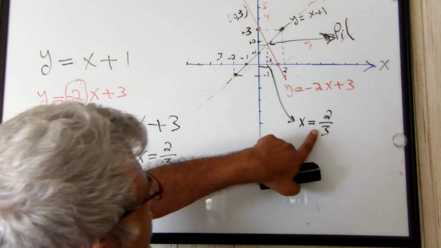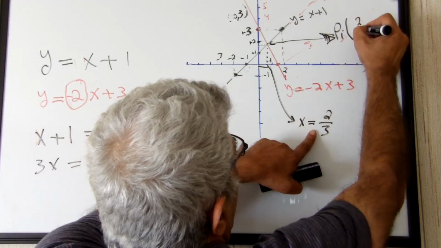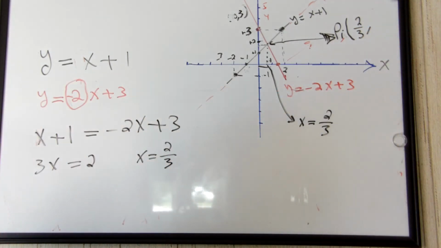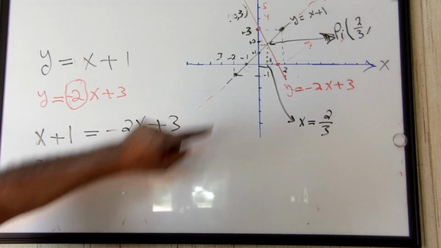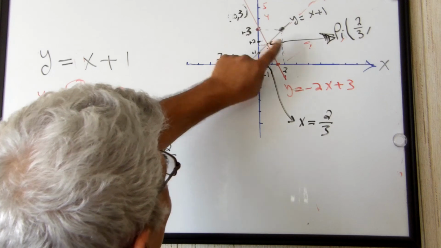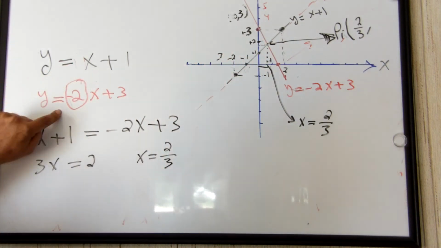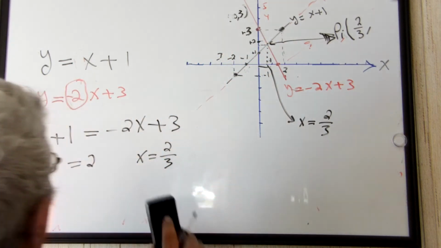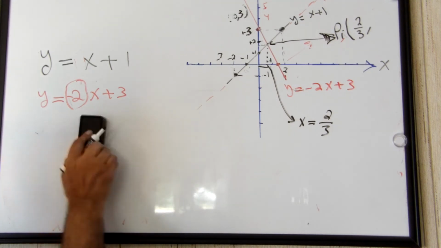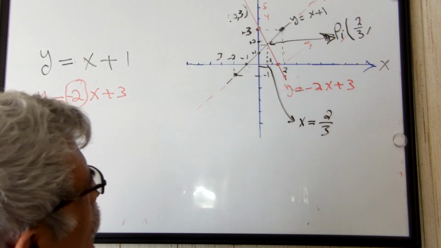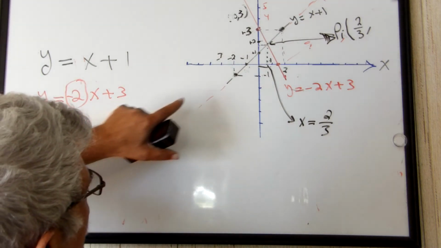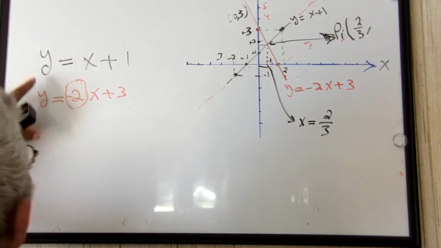We find the x coordinate, it's 2 over 3. And let's find the y coordinate. How do we find y? We put it in any equation, doesn't matter this one or this one, you put x as 2 over 3, and you find the y value, in either one.